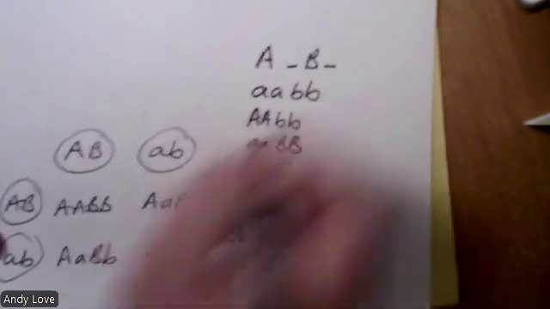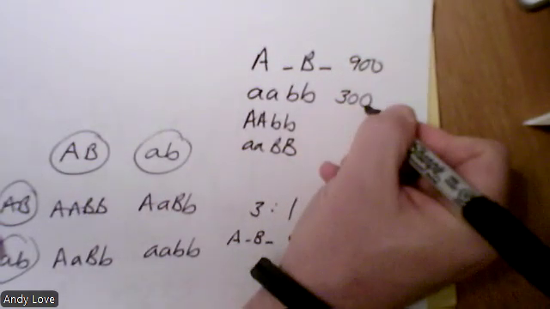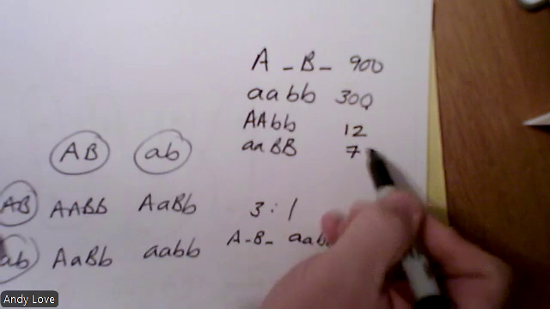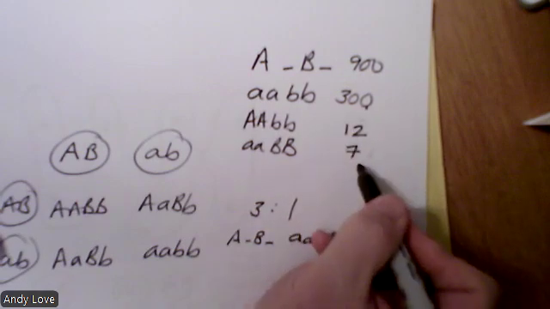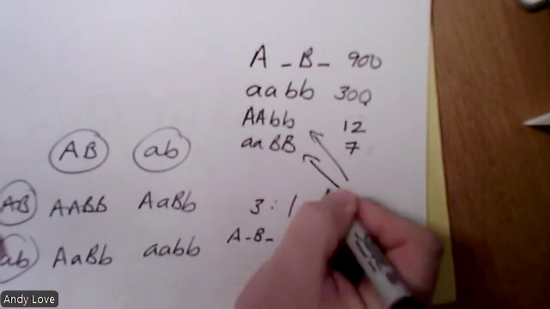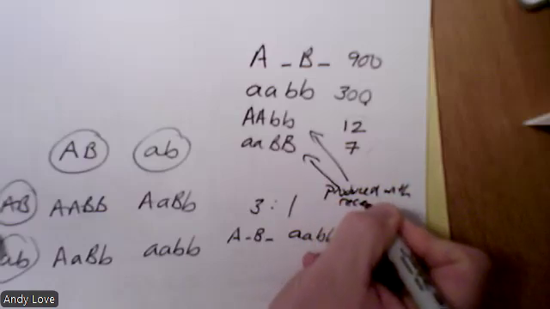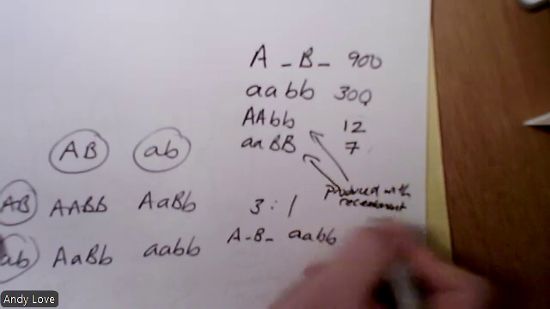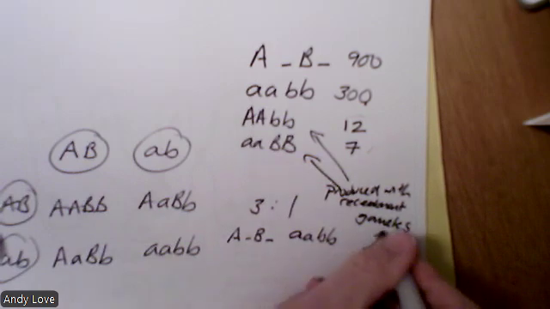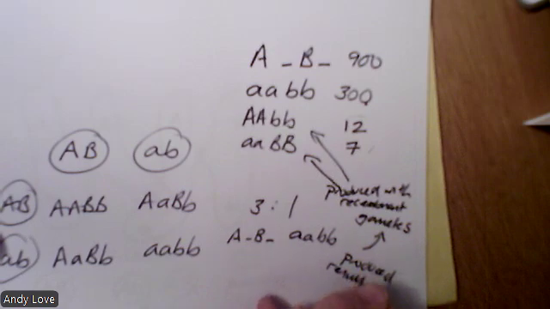So the offspring could look like this: 900, 300, because it's a ratio of 3:1, and maybe 12, 7. You're thinking, hang on, these are really low in number. They're really low in number because these offspring have been produced with recombinant gametes. And there's not many of them. Why is there not many of them? Because recombinant gametes are produced as a result of crossing over.